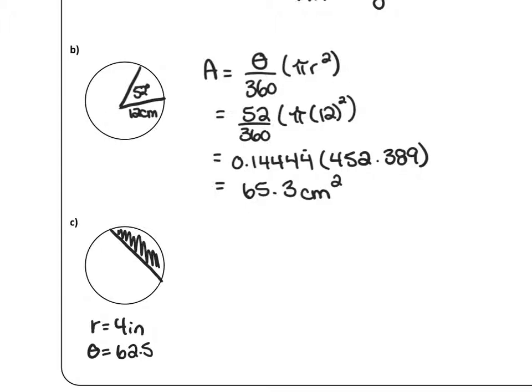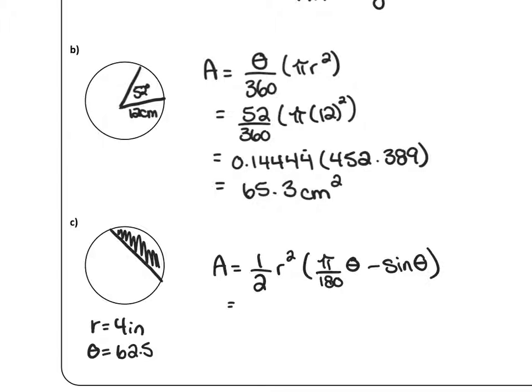So this is the last one. Area is 1/2 r squared times pi over 180 times theta, our central angle, minus sine of our angle.